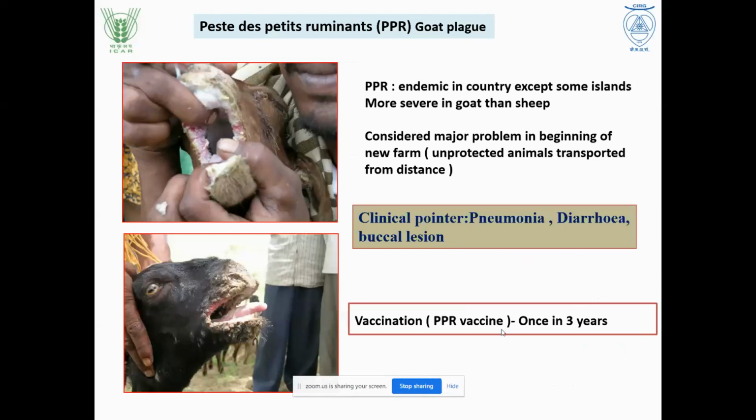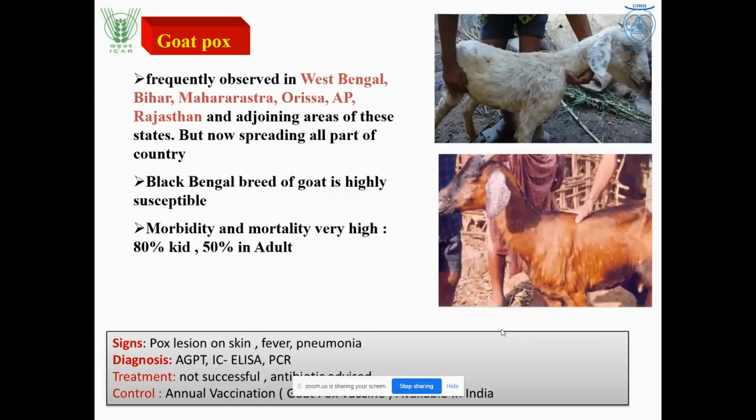PPR is a very common disease. If the animal is not protected by PPR vaccination, young kids may suffer from PPR, and there is a high risk and high mortality. The clinical signs are very clear to all: pneumonia, diarrhea, and buccal lesions are common. That's why vaccination of the adult animal is recommended.